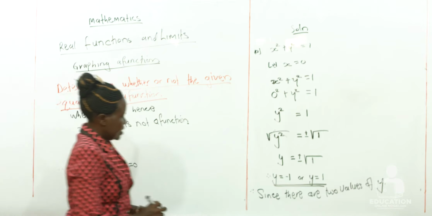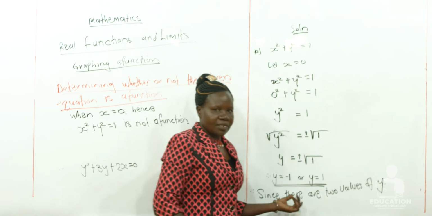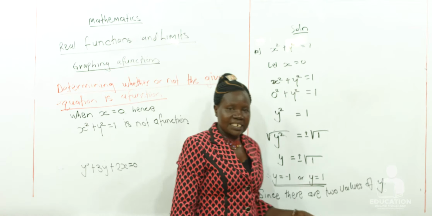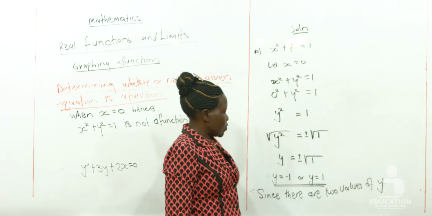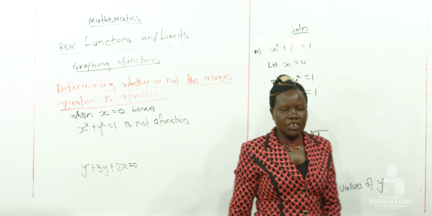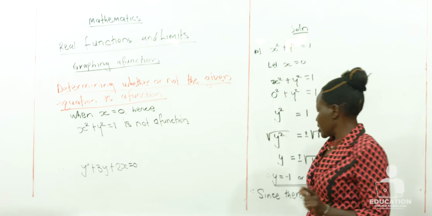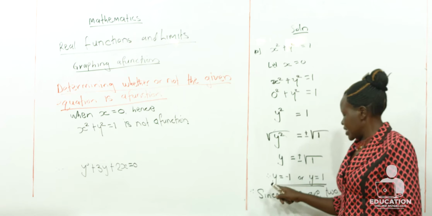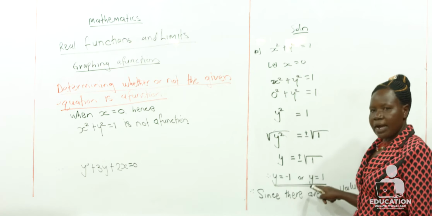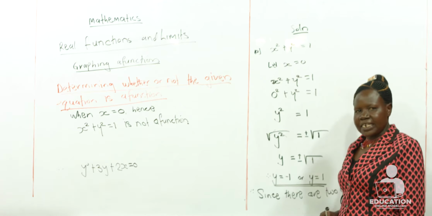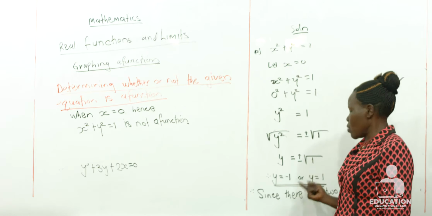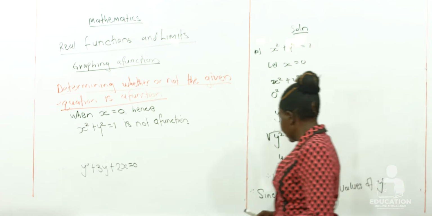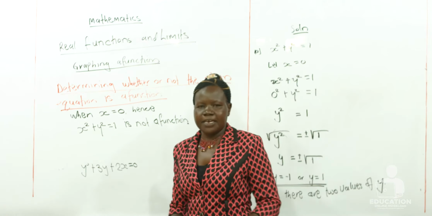Flashing back, I don't want you to get confused on this part. How do I know that it is not a function? We know that a function is the relation between two variables, that is x and y. But when you look here, you find that all the outcomes are for y, meaning the two variables are all y, and therefore how can y be a friend of y again?